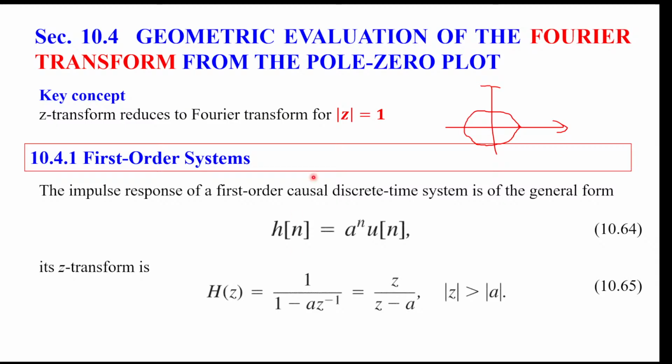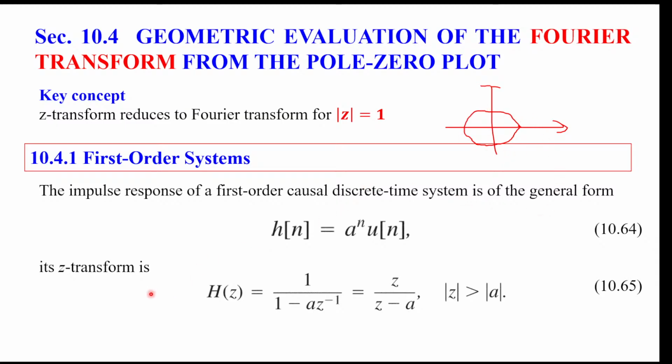We know that the Z transform is the Fourier transform when |z| equals 1. And for a rational function, the value of the transform is basically determined by the location of the zeros and the poles. So we can determine the value of a Fourier transform by just looking at how close you are to each zero or pole.